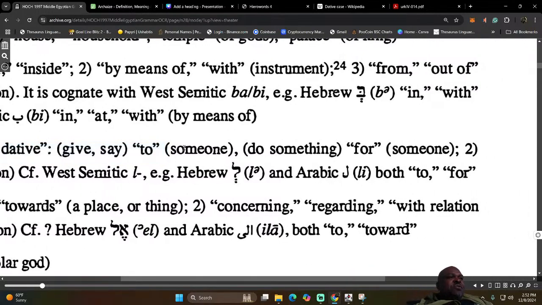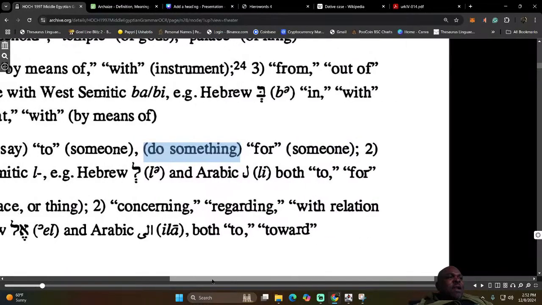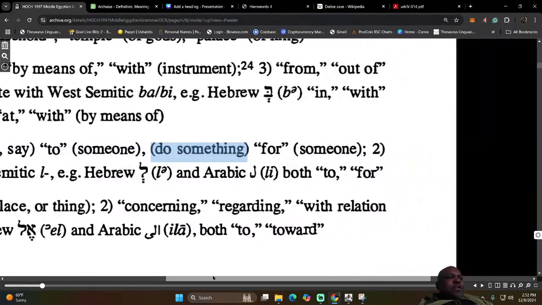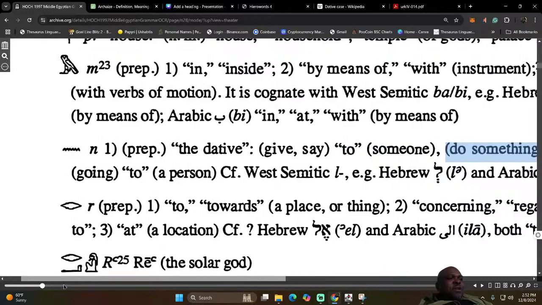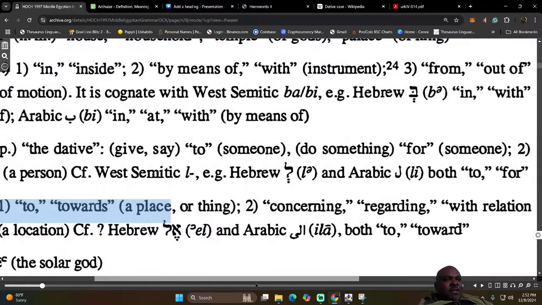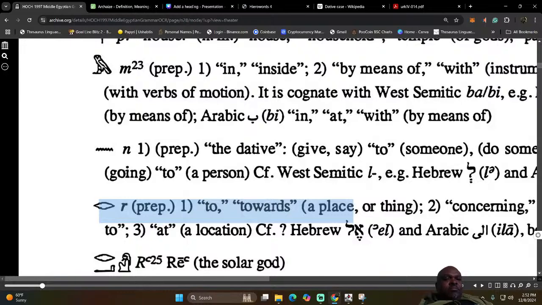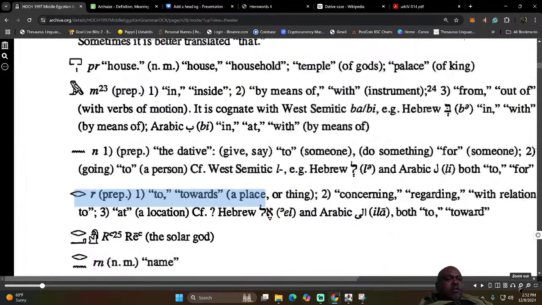Because it says to do something, but normally the dative ain't about an ass whooping. You might do something to someone, but the R would be more like towards a person, a place, or a thing, against, concerning, regarding, with relation to. But anyway, let's carry on.